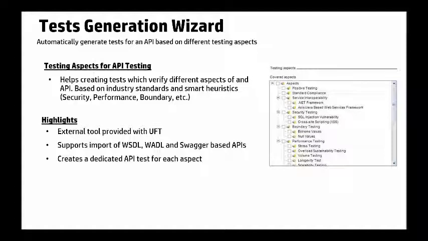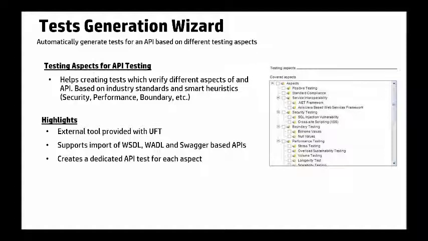So we can start with the test generation wizard. As I mentioned, this will give you the capability to automatically generate tests for API testing. On the right side of the screen, you can see different aspects of an API test that could be tackled.